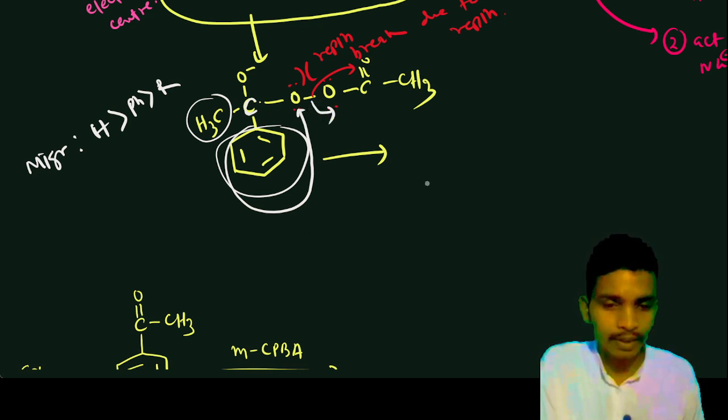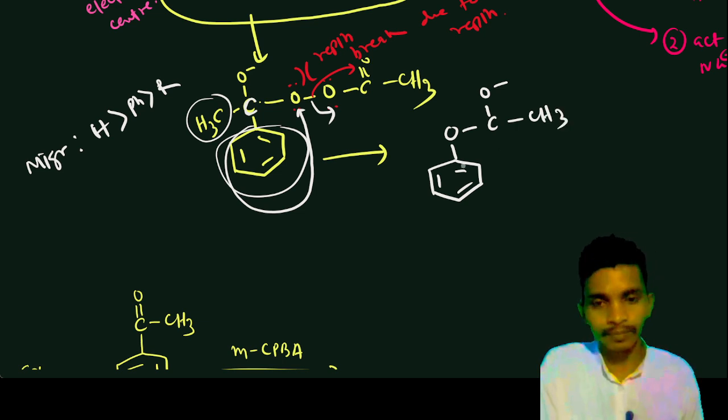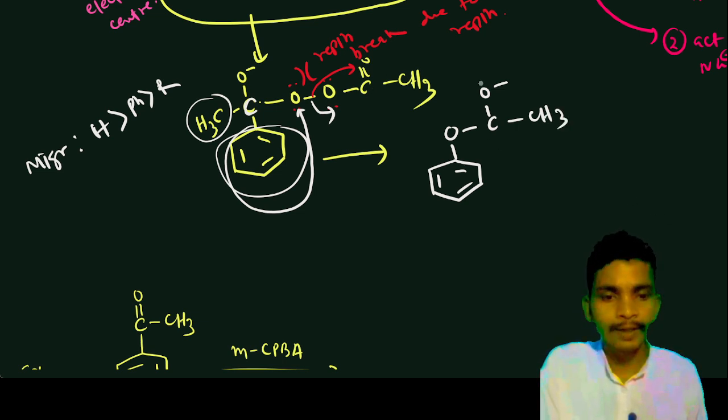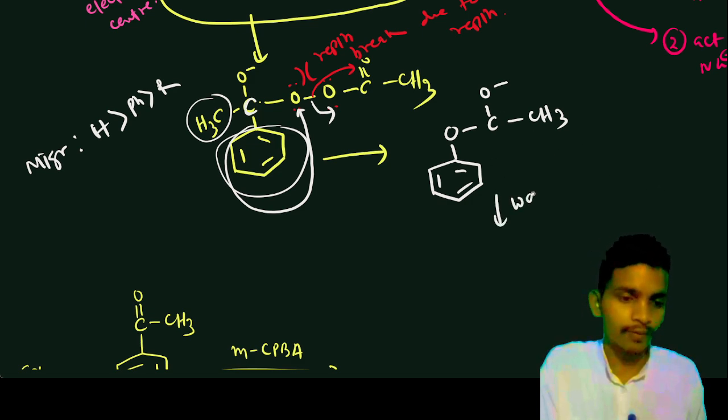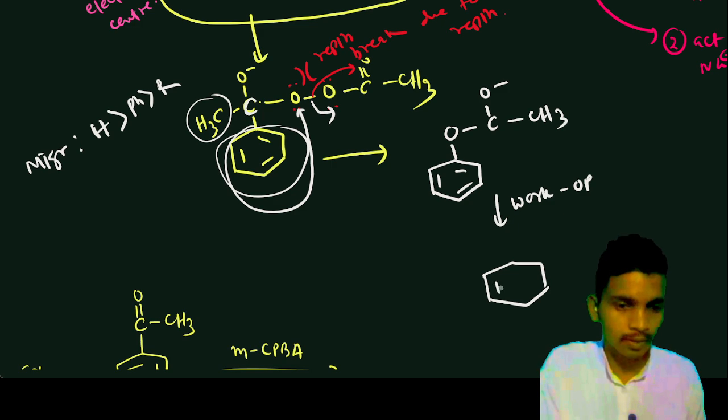It means that we will get this phenyl, and it migrates to this O, and here we have CO minus, and here we have CH3. Now this will abstract a proton on work-up, then this will get the proton. So we are going to get this as the final product.